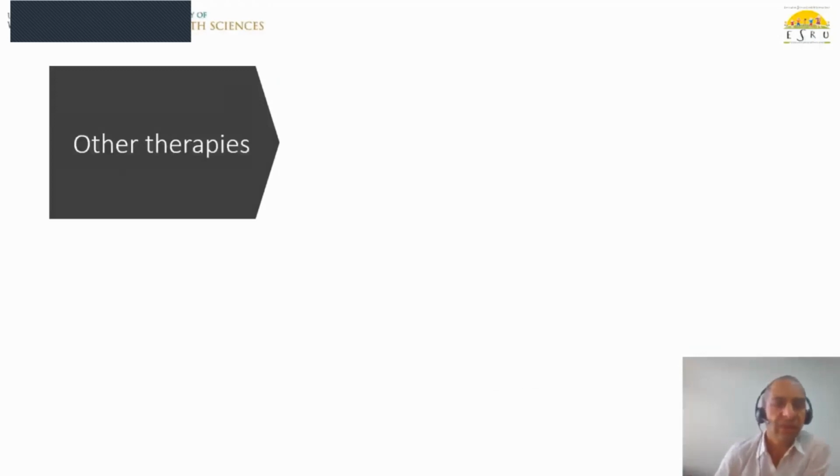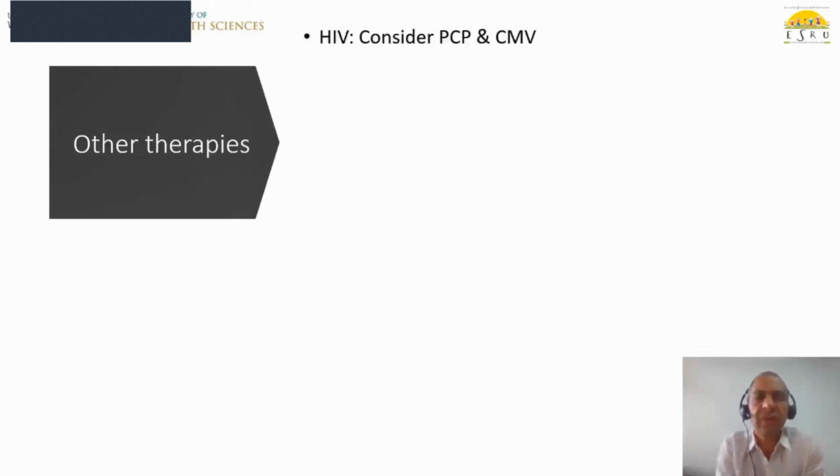Moving on to consider other therapies that might be considered. First of all, in the setting of HIV infection or HIV exposure, particularly in the young infant, it is appropriate to consider pneumocystis pneumonia and CMV pneumonitis. There are slight variations around particular sites and clinicians' preference as to whether to initiate CMV treatment empirically while awaiting results, or alternatively to send off samples, and if they're positive, then to initiate CMV treatment.